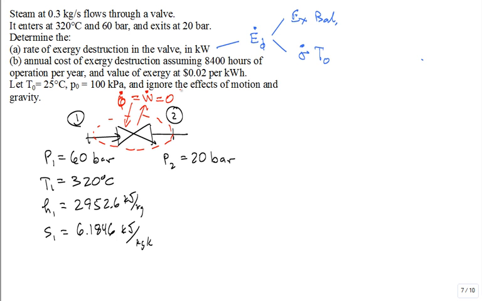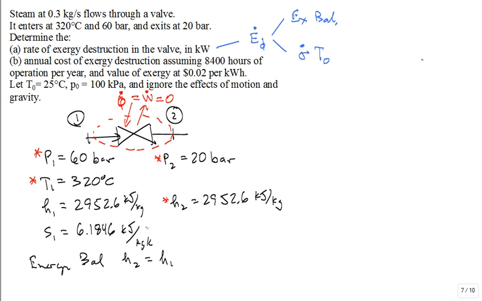And what do we know from our energy balance? We know that H2 is equal to H1, so H2 is 2952.6 kilojoules per kilogram. Just like two independent intensive properties fix state 1, so I was able to look up other properties like S1 and H1, these two properties fix state 2.